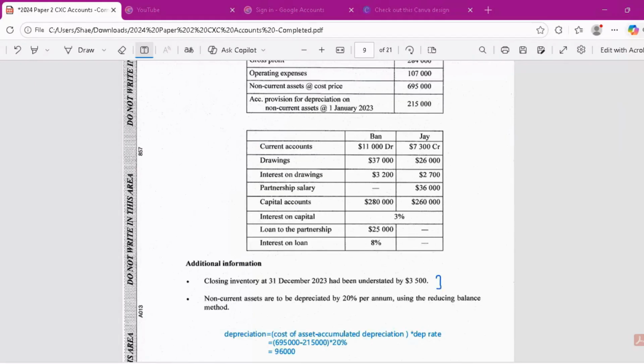So the first thing is that we're going to need interest on drawings because that's the one that we're going to add to our profit. So we add before we subtract. So there is interest on drawings of 3,200 for Ban and 2,700 for J. This is where I'm picking it up if you're not seeing it.